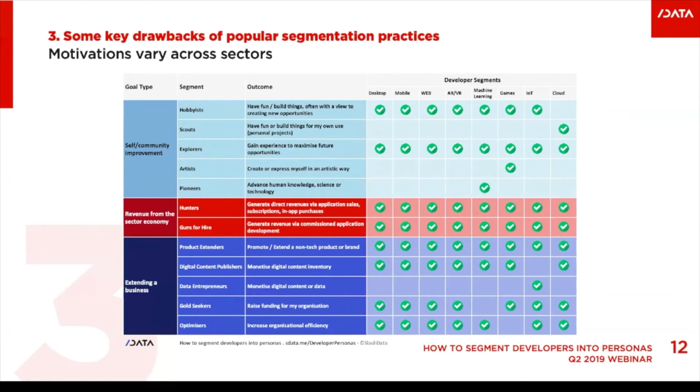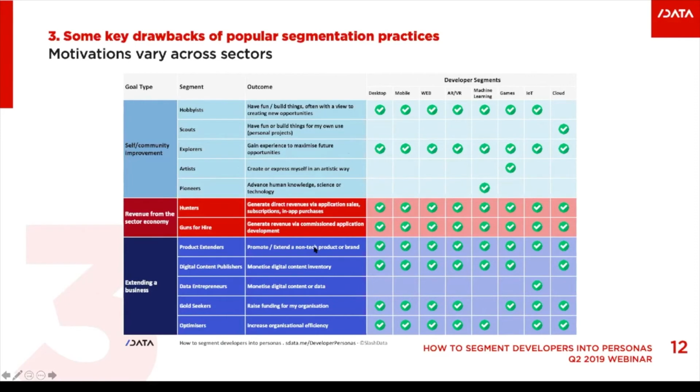They are trying to gain experience in order to monetize in the future somehow, to have future opportunities in that sector. And we also have hobbyists, for example, who are just having fun. Specific to machine learning, for example, we have pioneers who aim to advance human knowledge, to contribute to research. They don't want to do anything other than that.